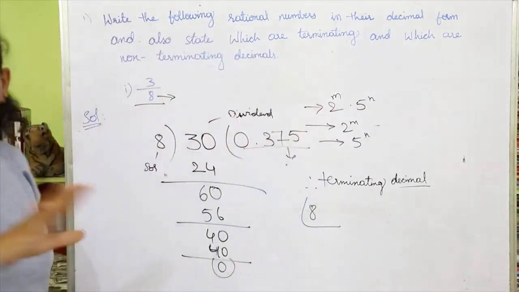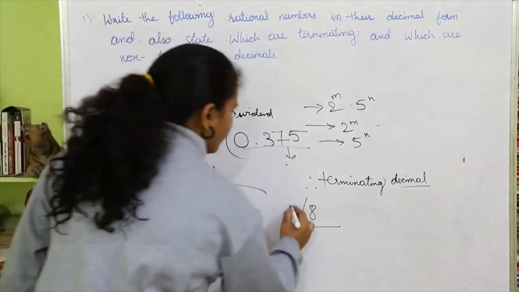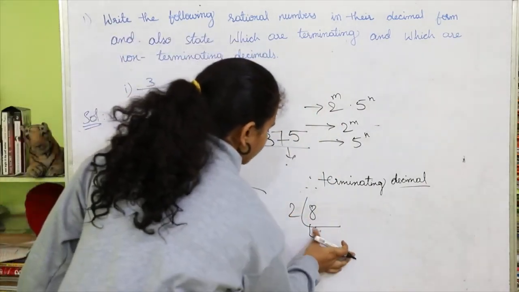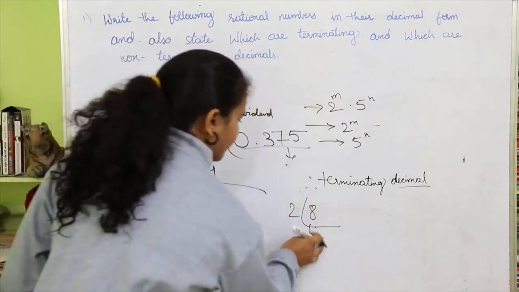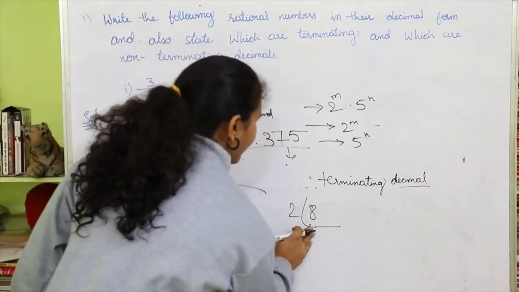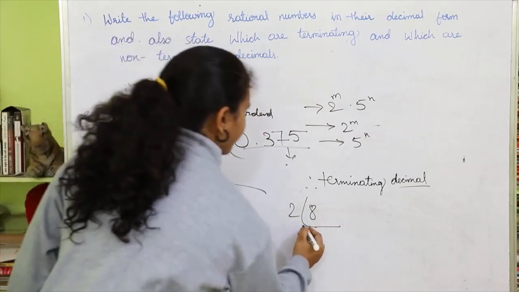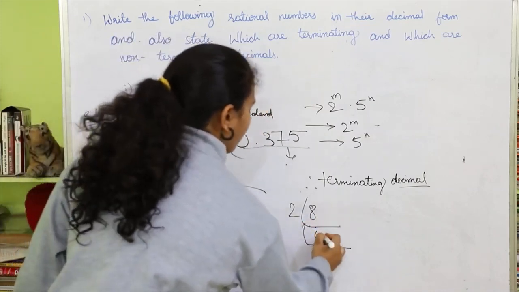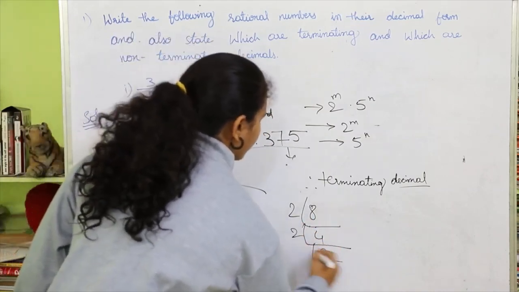Now let us do the LCM process. 2 4s are 8, 2 2s are 4, 2 1s are 2.